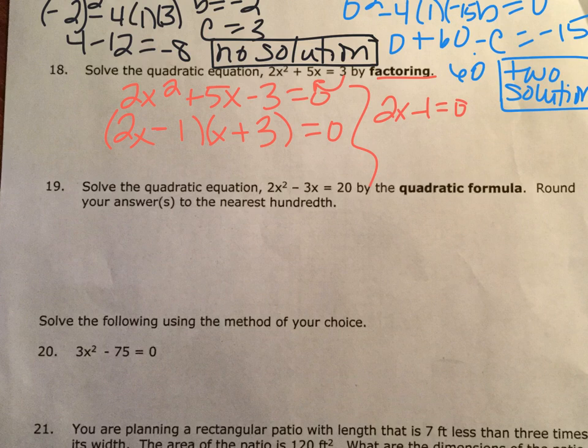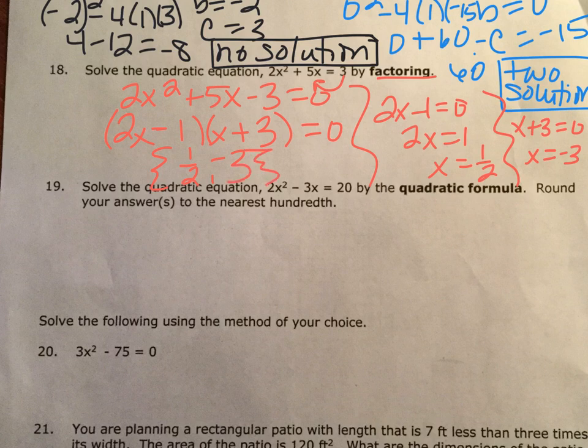Either the 2x minus 1 factor is equal to 0, in which case 2x would be equal to 1 and x would be equal to 1/2, or x plus 3 equals 0, in which case x would be -3. So your solution here is 1/2 and -3. Okay. Now, there's nothing wrong with graphing that and making sure you got the right answer, but you would need to show the work for factoring to get credit for solving it by factoring.